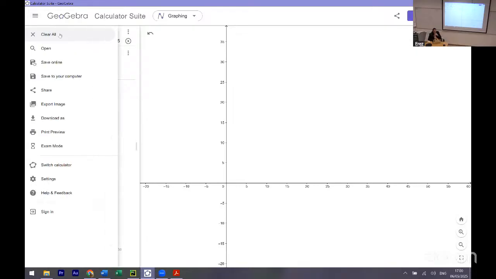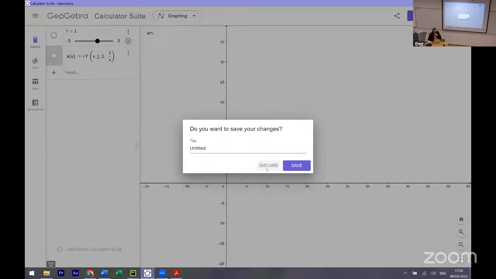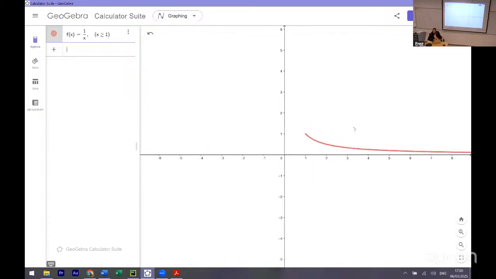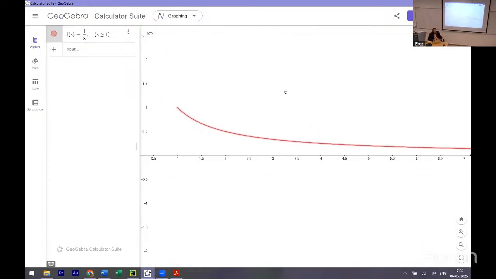Something went wrong. What did I write? If x is bigger or smaller than 1 over x. I don't remember what I wrote, but that is what I meant to write. And in the first segment between 1 and 2, the minimum is half. Agreed?